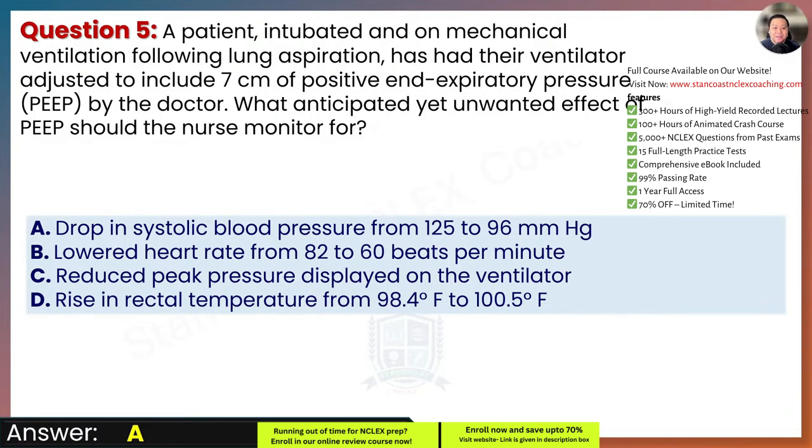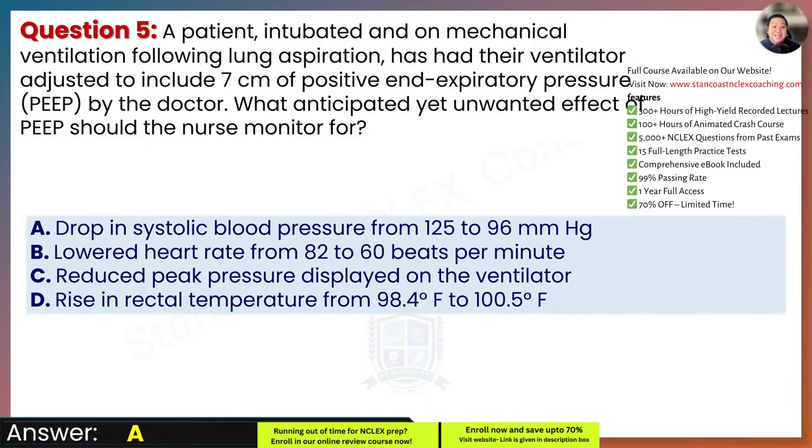Now, why is letter A the correct answer? Well, it's stated a drop in the systolic blood pressure from 125 to 96, which is a classic hemodynamic effect of PEEP. And so think about what PEEP does. PEEP basically increases the intrathoracic pressure, which can compress the major veins returning blood to the heart.